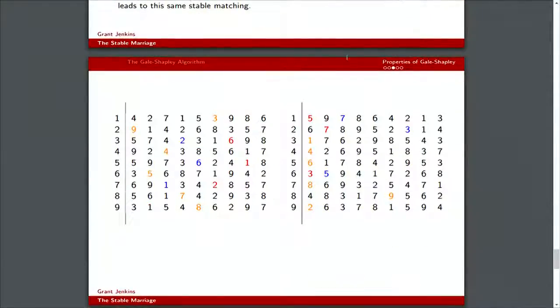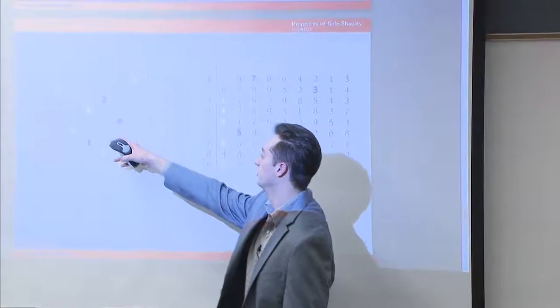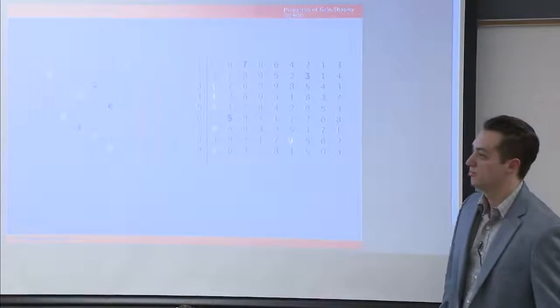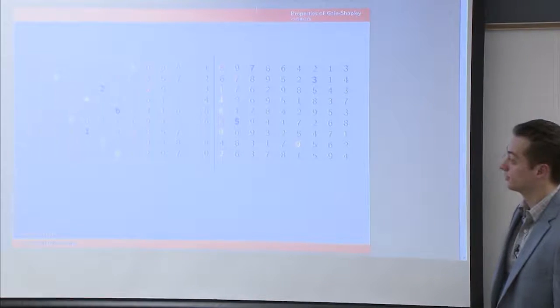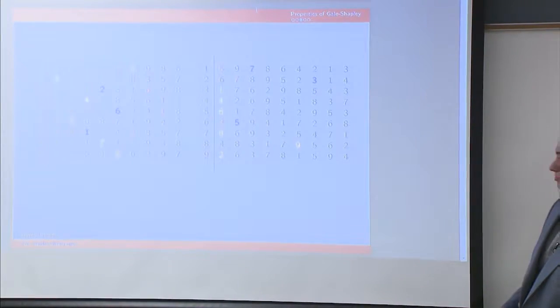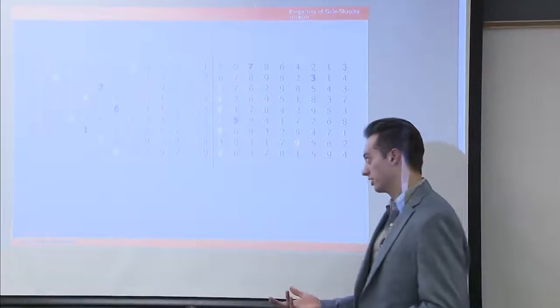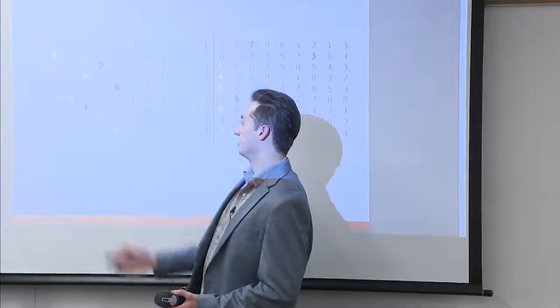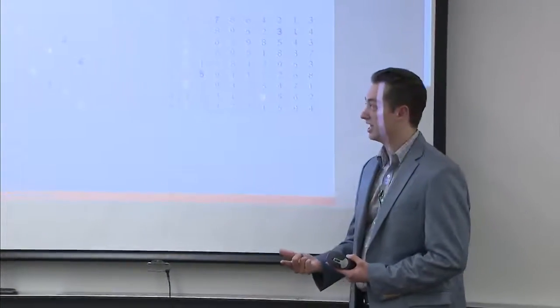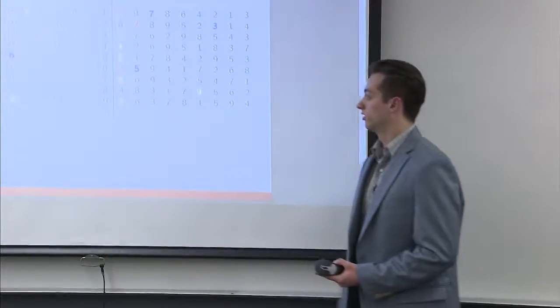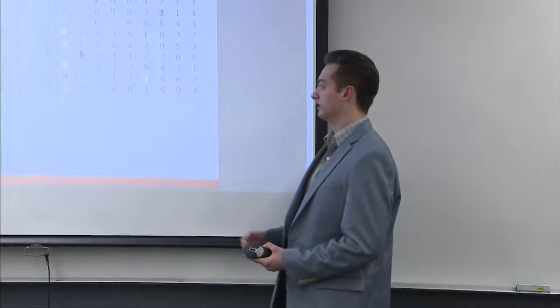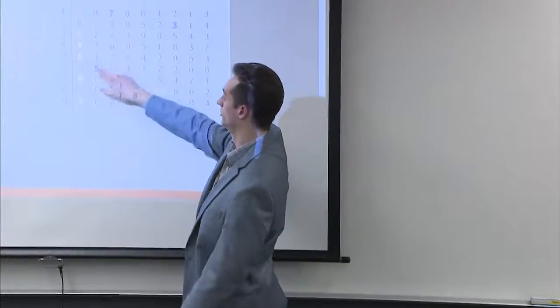the algorithm gives the same result. But a little bit more interesting here is that in the blue, I've done the Gale-Shapley algorithm for men as proposers, and then in the red, I did the Gale-Shapley algorithm where the women are the ones proposing. With men proposing, they get their very best possible match, and the women get their worst possible match, represented in blue.